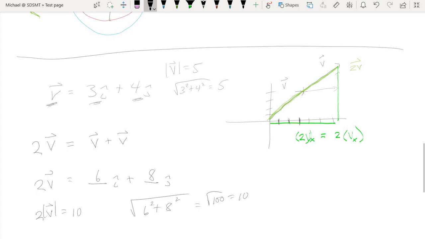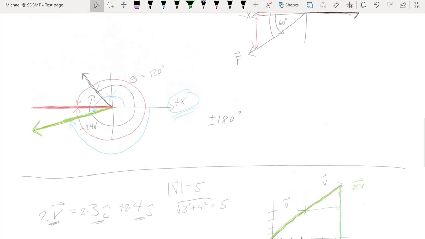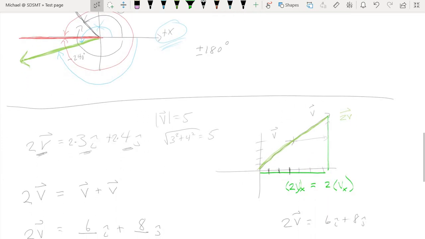So now we can say that the components of vector 2V would just be 2 times the components of the original vector, 6 and 8. All right, so that's going to be true for any scalar multiple that we use, whether it's 2, 3, 10, 100, even with negative numbers.